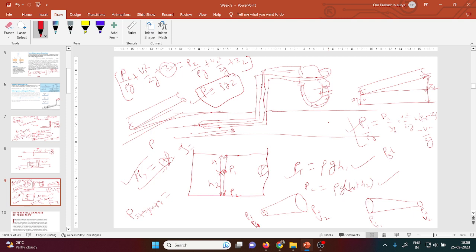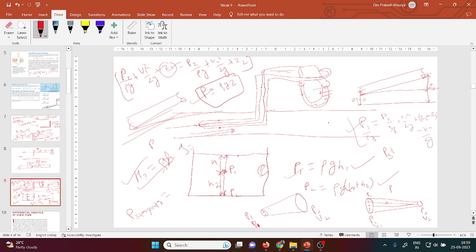and here also the particle is like that. So it means what? If the particle is moving from this side to this side, in that case what will happen?